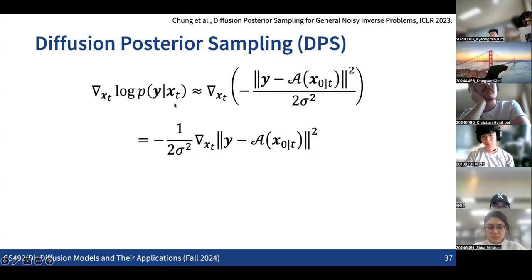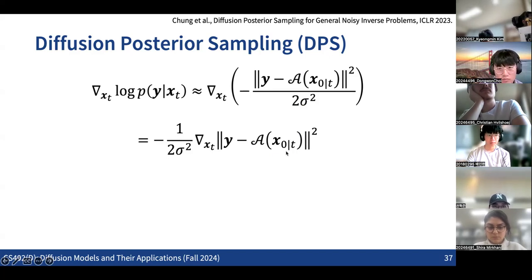The score of y given xt is taking the L2 difference between these two and also taking the gradient of this L2 difference. Here, this term is taking xt, getting the expected value of x0, and feeding this into the A operation. And this output should be close to y, right? So that's the output that we want to see.